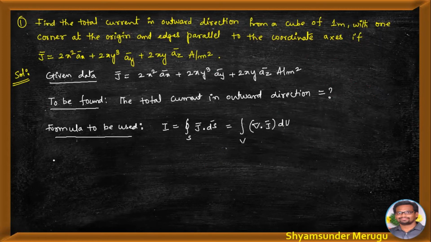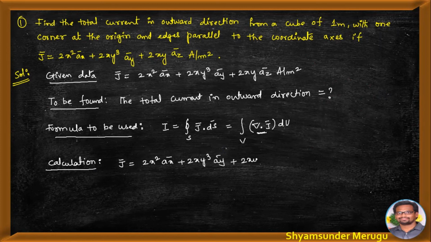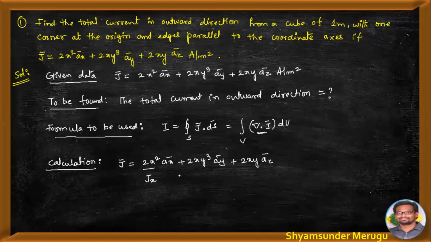Now going for the calculation. Here we have del dot J bar. By writing the J bar as 2x squared ax bar plus 2x y cubed ay bar plus 2xy az bar, treating this one as Jx, this one as Jy, this one as Jz terms.